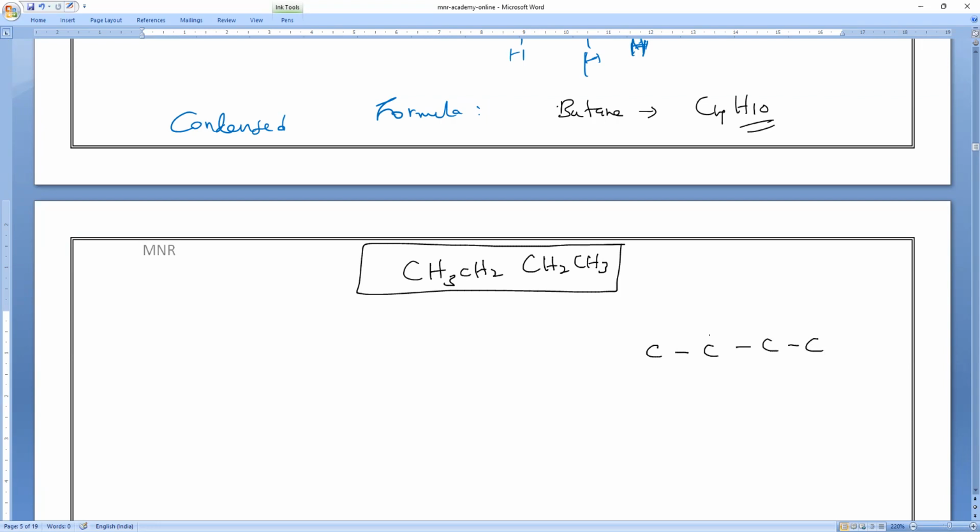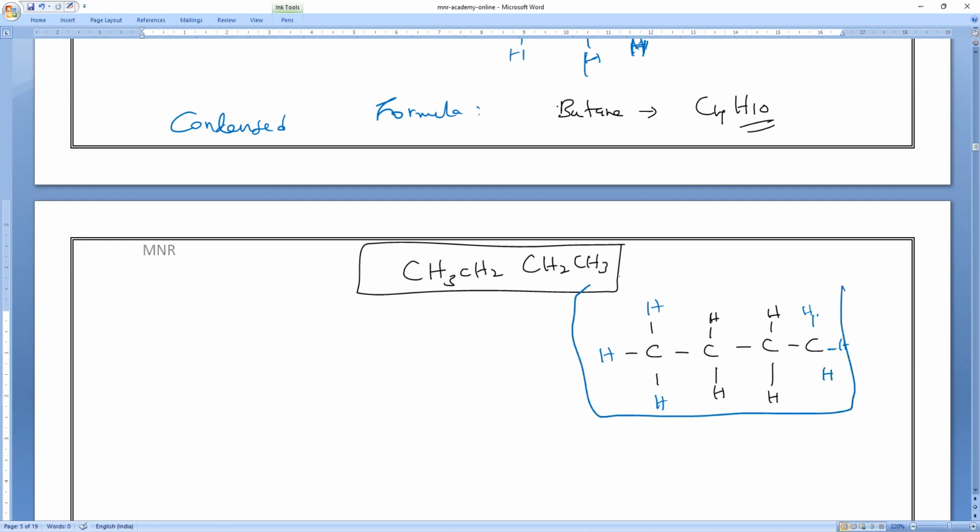Carbon valency is 4, so each carbon needs to satisfy 4 bonds. The middle carbons alone, how many hydrogens will they satisfy? Two. And the last one again has three. So they write it like a condensed formula: CH3, single bond if you want, next CH2, next CH2, and the last one is CH3.